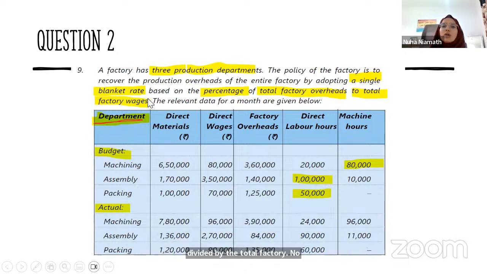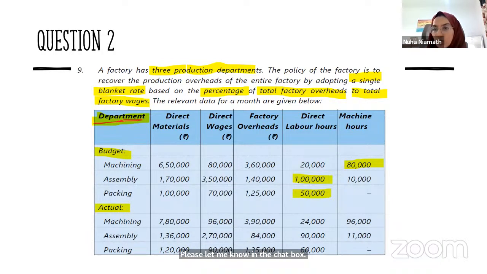Now, since this is an overhead rate, do you think the predetermined rate is going to be calculated on the budgeted amounts or the actual amounts? Can somebody tell it to me in the chat box?